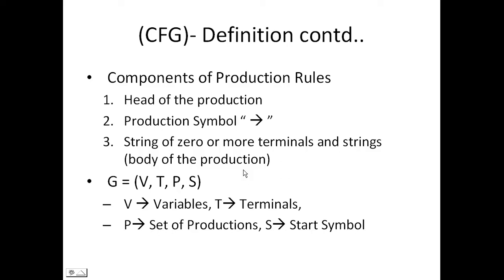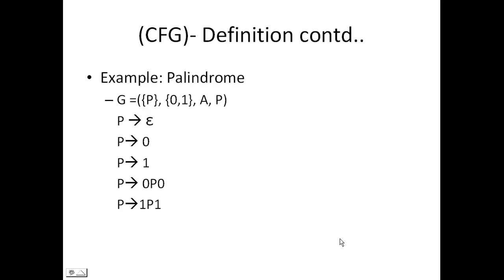If we put all four components together, this is how we write the definition of the grammar: G is equal to (V, T, P, S), where V is the set of variables, which are the non-terminal symbols, T is the terminal symbols, P is the set of productions and S is the start symbol.